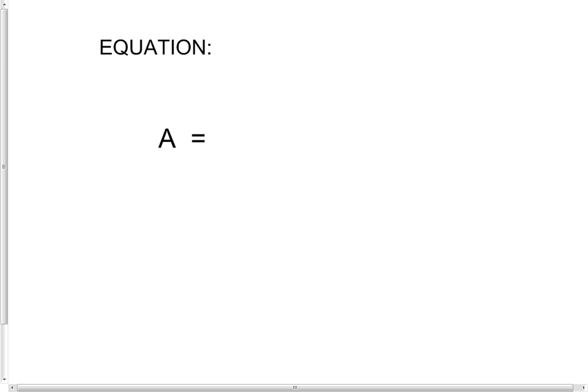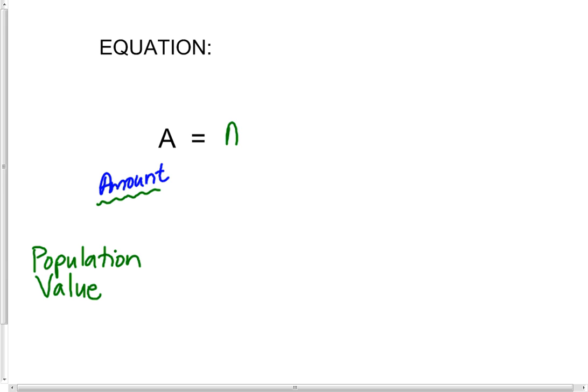In other words, if we have an amount, this could be different things like population, value, percent left, something like that, but amount seems to cover them all. Amount equals, we tend to use this notation for initial value or initial amount, times your rate of growth.